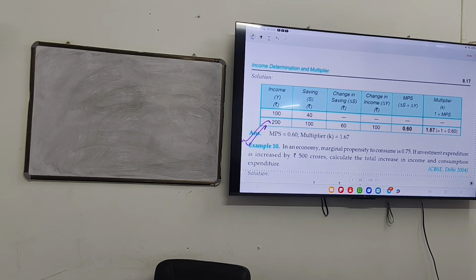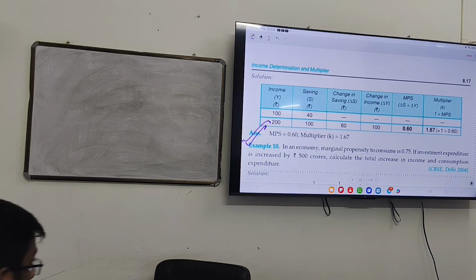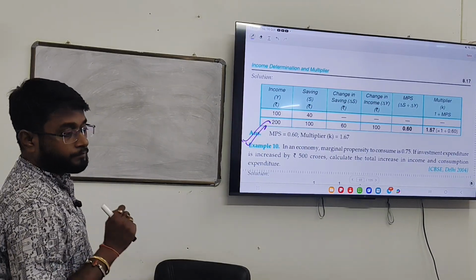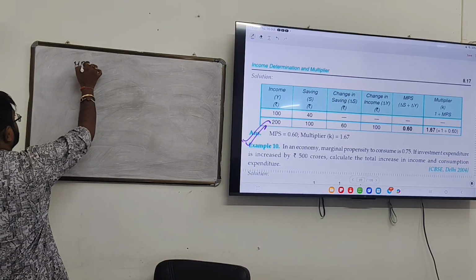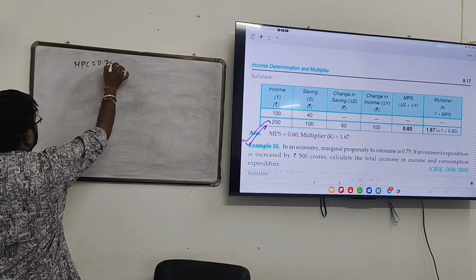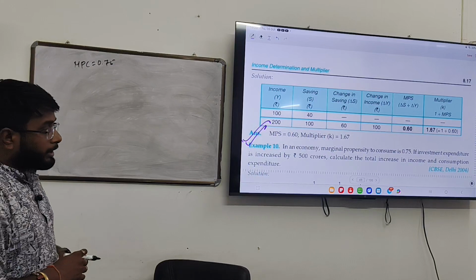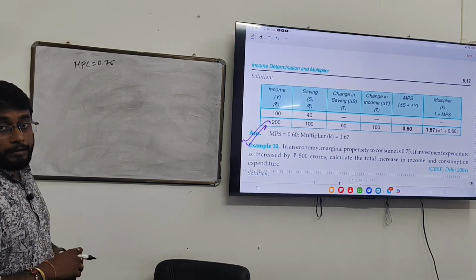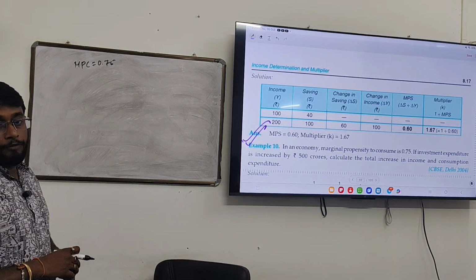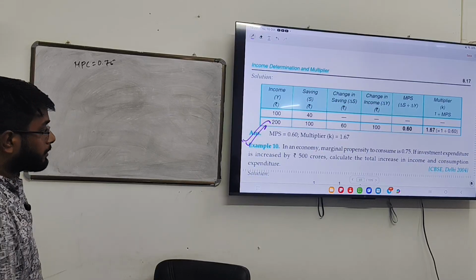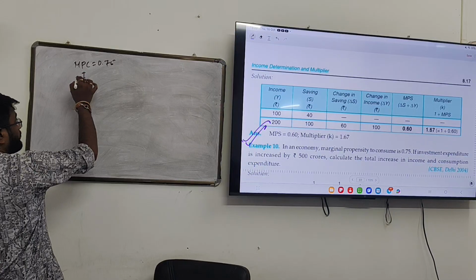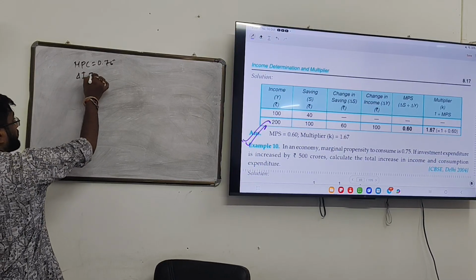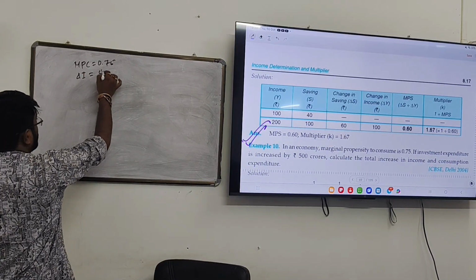In an economy, marginal propensity to consume, MPC, is 0.75. If investment expenditure increases by rupees 500, that means delta I equals 500.